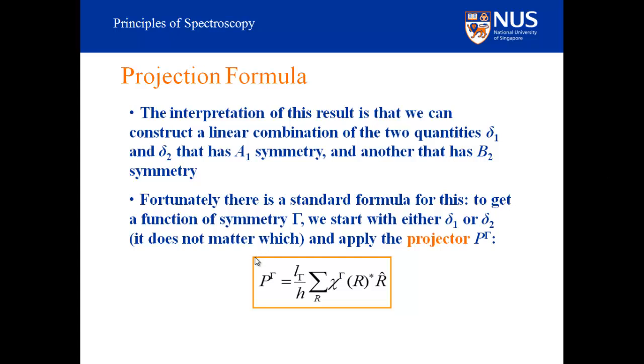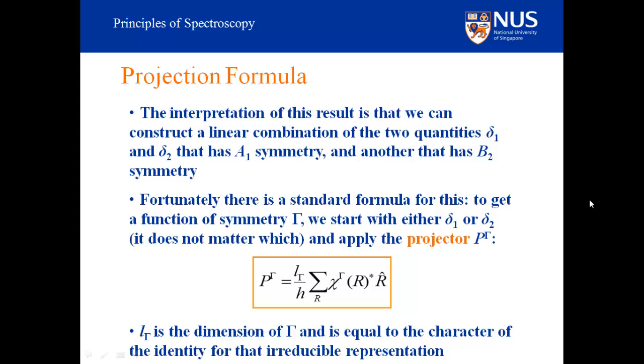P gamma is equal to L sub gamma over H times the sum over all the symmetry elements R of the product of the character of the irreducible representation gamma under the symmetry operation R and the symmetry operation R. L sub gamma is the dimension of the irreducible representation gamma and is equal to the character of the identity for that irreducible representation.